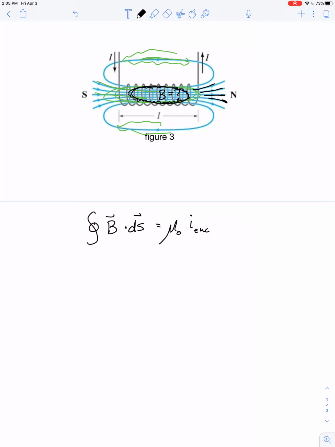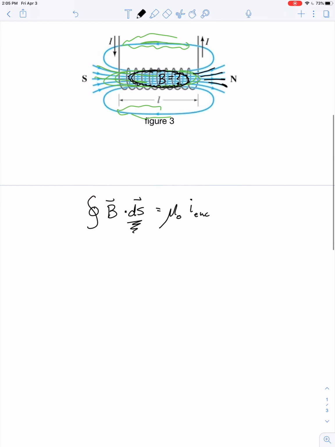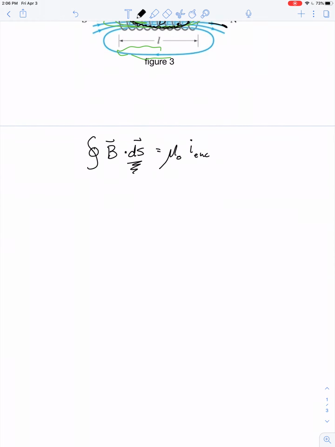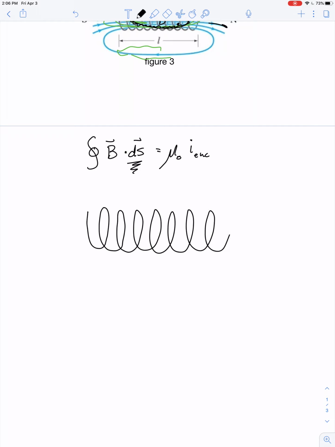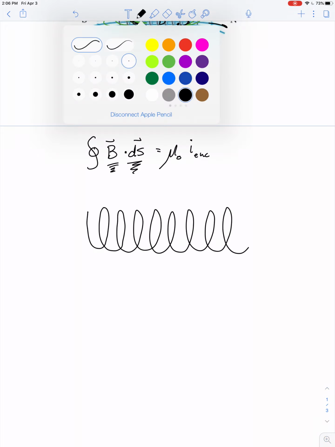So the trick is to make sure you're picturing your Amperian loop clearly. So let's draw a solenoid. And along with drawing your Amperian loop, you should have some rough idea of what the magnetic field lines look like.